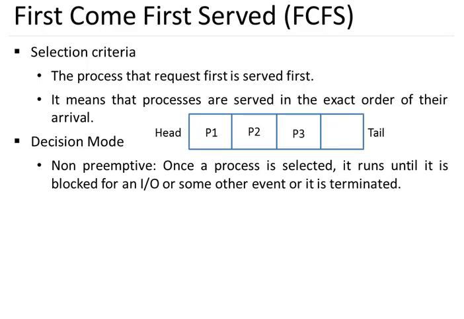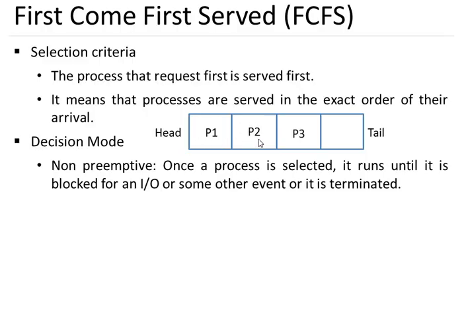If I have assigned the CPU to my process, then I cannot take it back until it is blocked or terminated. Now if this scheduling algorithm were preemptive, what would that mean? Preemptive means if P1 is executing right now and P2 comes, and if P2 is of higher priority, then the CPU will be switched and allocated to process P2.